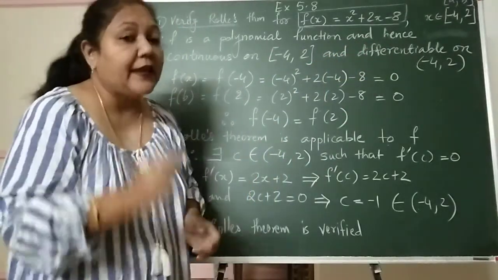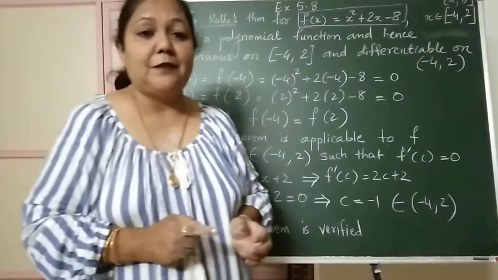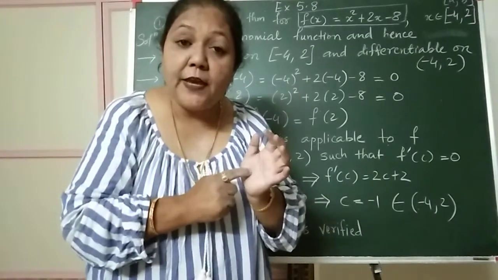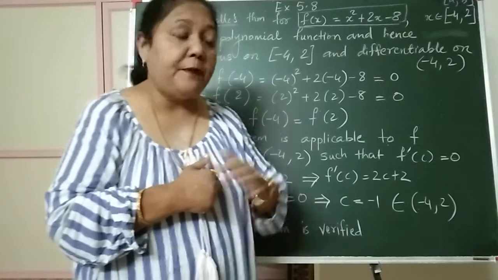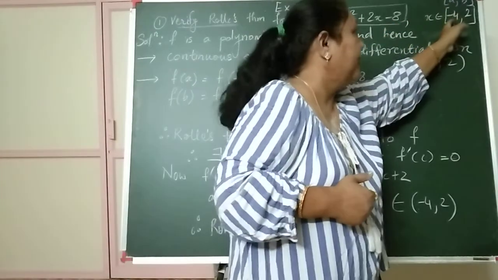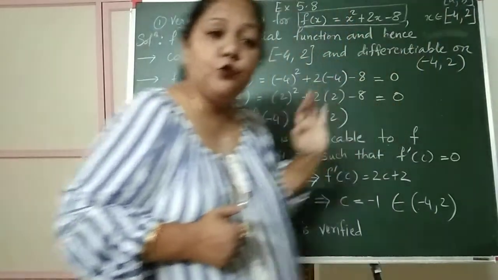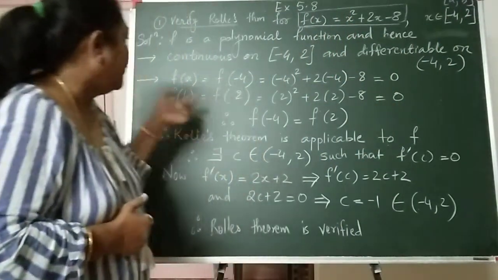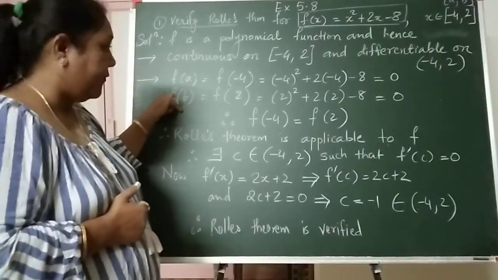Now my second condition for Rolle's theorem is that f of a should be equal to f of b. What is my a? My a is minus 4, and b is equal to 2. So I have to calculate f of a and f of b.